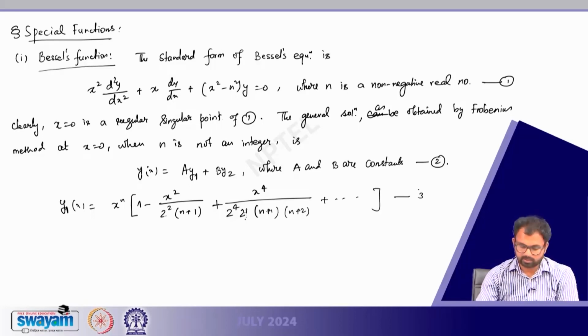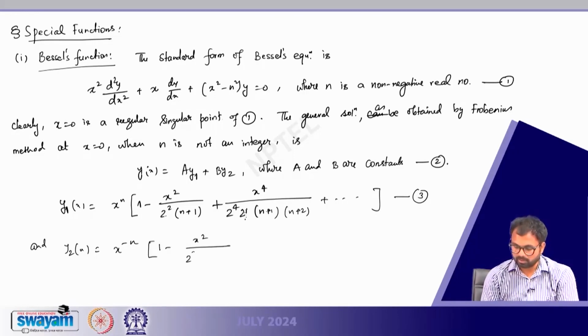Let us call it equation number 3. And y2(x) can be obtained as x to the power minus n times [1 minus x square by 2 square (1 minus n) plus x to the power 4 by 2 to the power 4 factorial 2 (1 minus n)(2 minus n) minus dot dot and so on]. This is equation number 4.